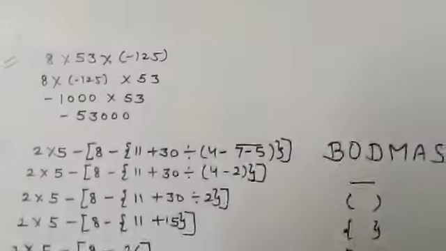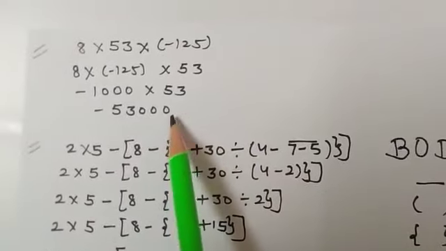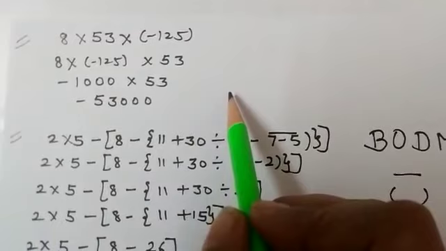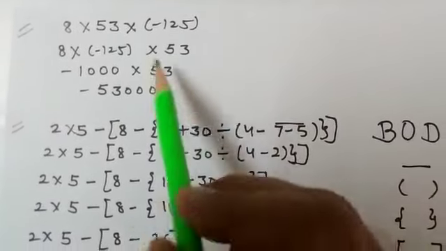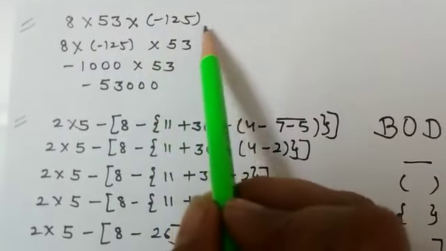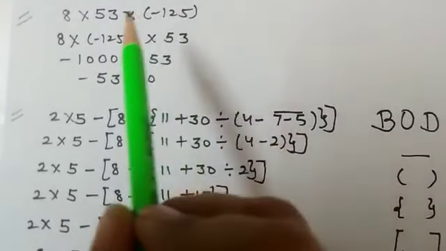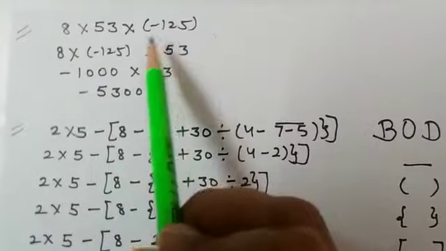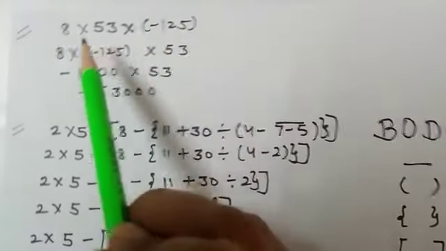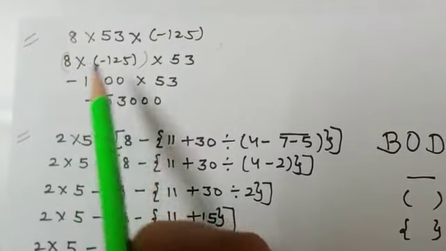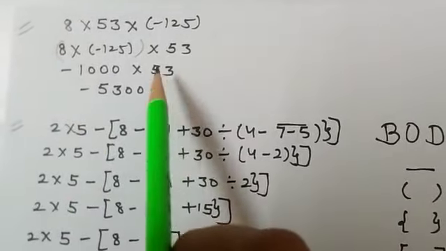Next part we solve using the rearrangement property. If we multiply directly, then the calculation becomes complicated, so we solve by rearrangement. We know that 8 into 125 is 1000, so we write 8 and 125 in one bracket, into 53.